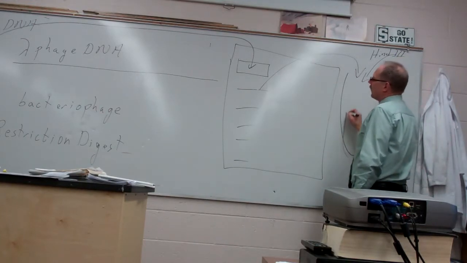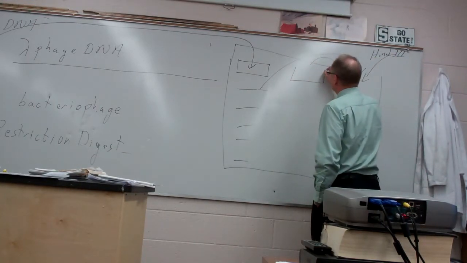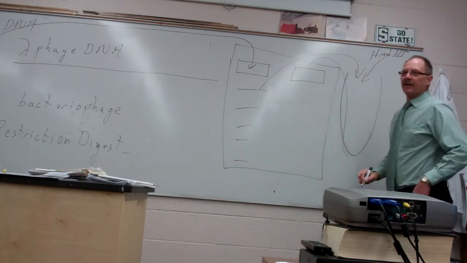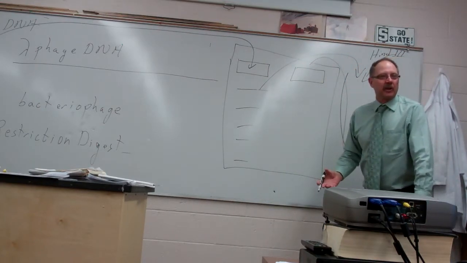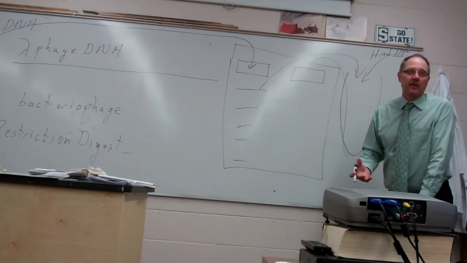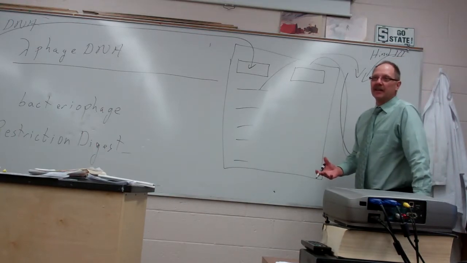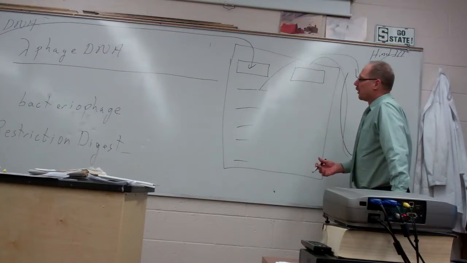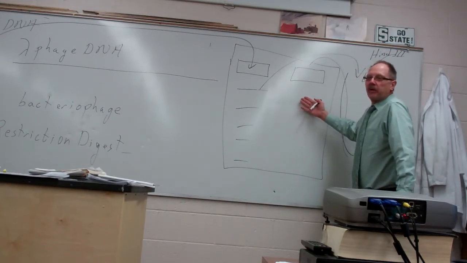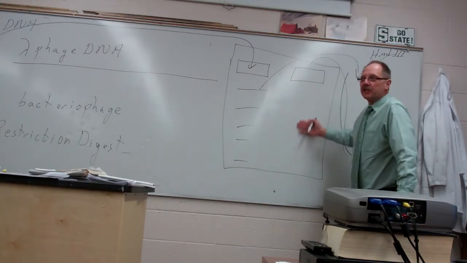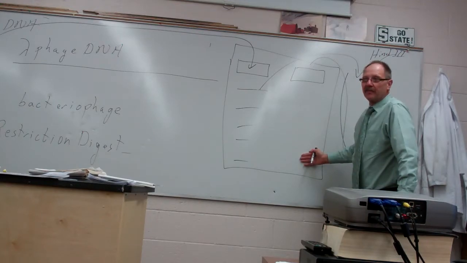And then we will run another gel with it, and we will make a prediction first. That's going to be your assignment, to predict what you're going to see in your gel. But what you should see is, well, how many bands should you see in this new gel?